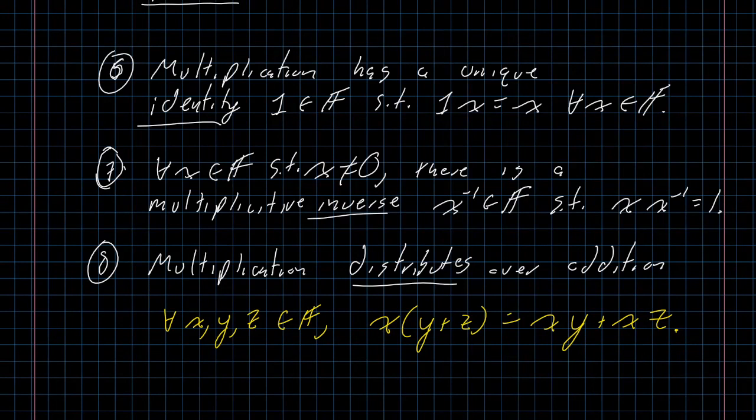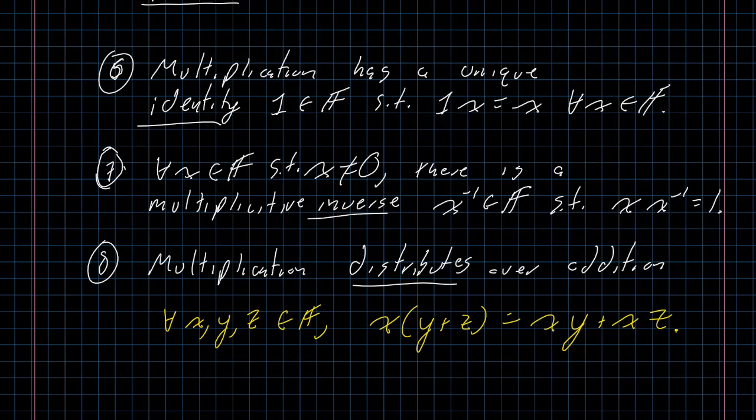And that's what it means to be a field. So again, the rational numbers form a field. The real numbers also form a field. The natural numbers do not because they don't have an additive inverse. And the integers do not because they don't have a multiplicative inverse.